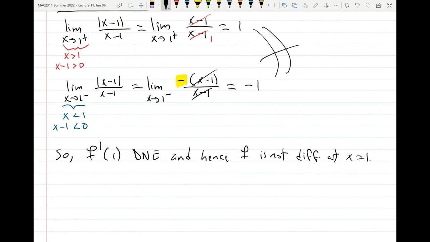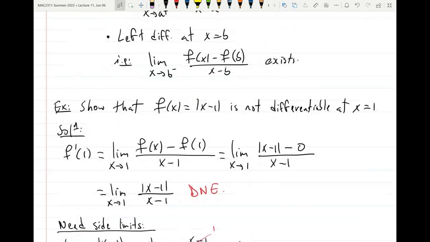Okay? So we can now partially answer part of the question that we were asking earlier. We wanted to see the relationship between continuity and differentiability. Let's see. Is this function continuous at x equal 1? Why not? What limit?